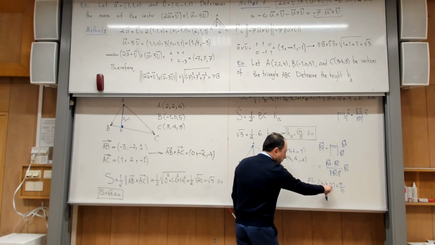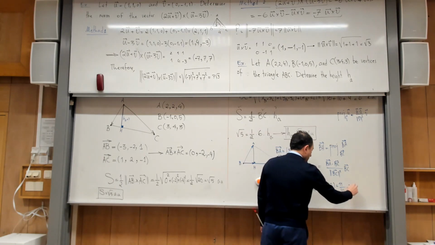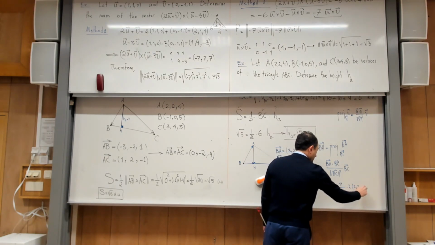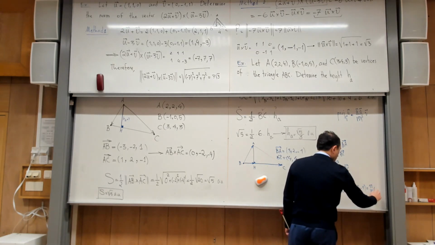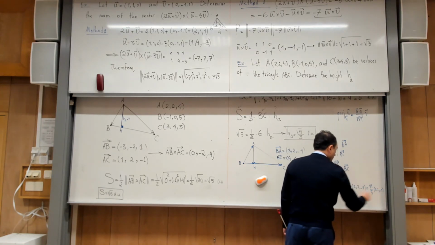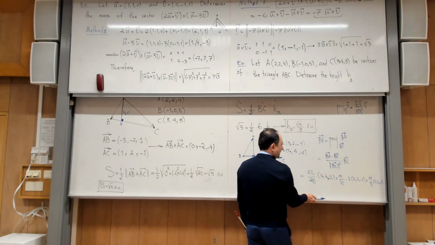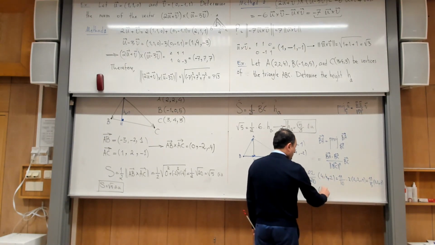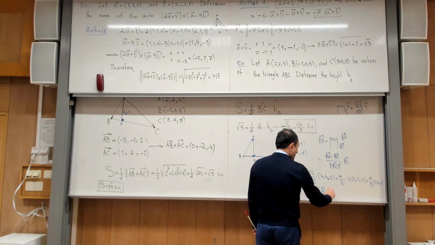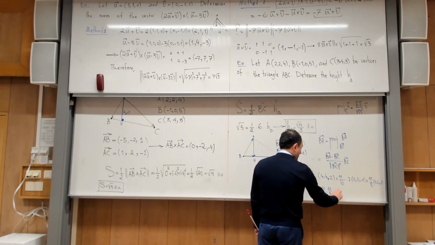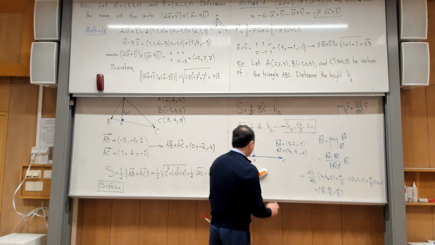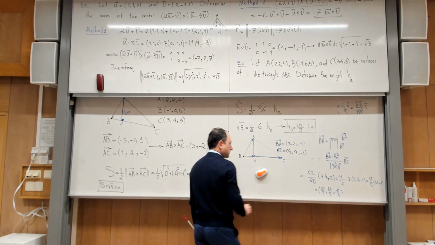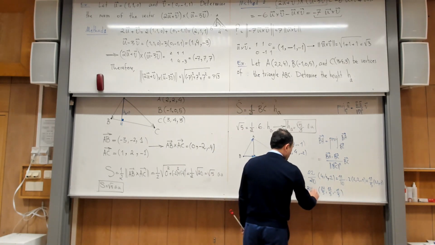And then I pull a 2 out: 2, 2 and minus 1. Simplify this 2 with that one. I can write 1 over 5, 2, 2 and minus 1. Or if you want, of course, you can multiply. Let's multiply. So then it becomes 22 over 5, 22 over 5, minus 11 over 5. So you see, this is just vector BH.